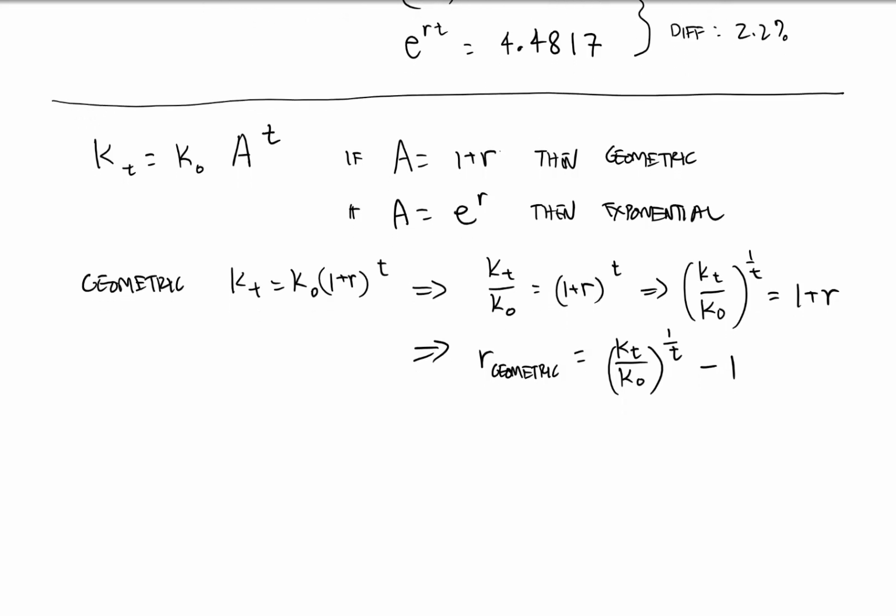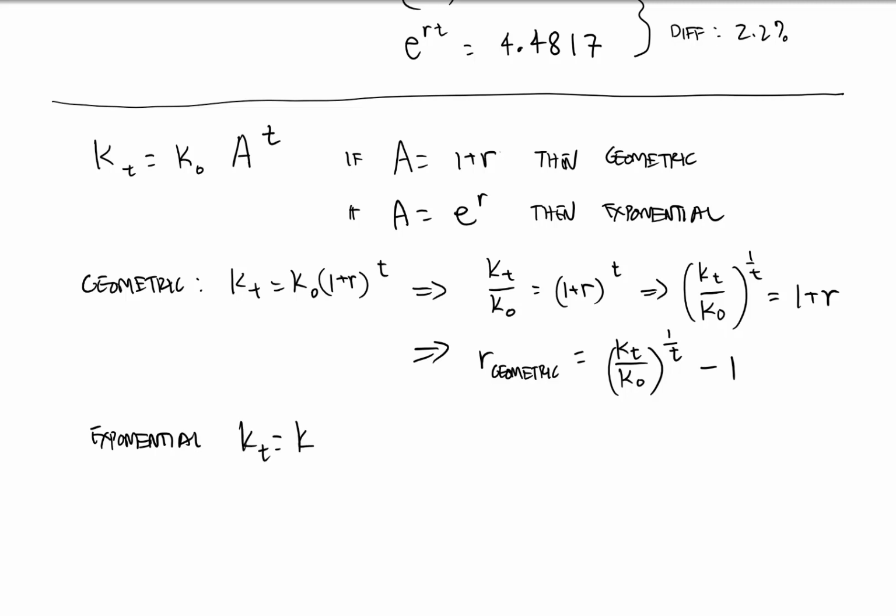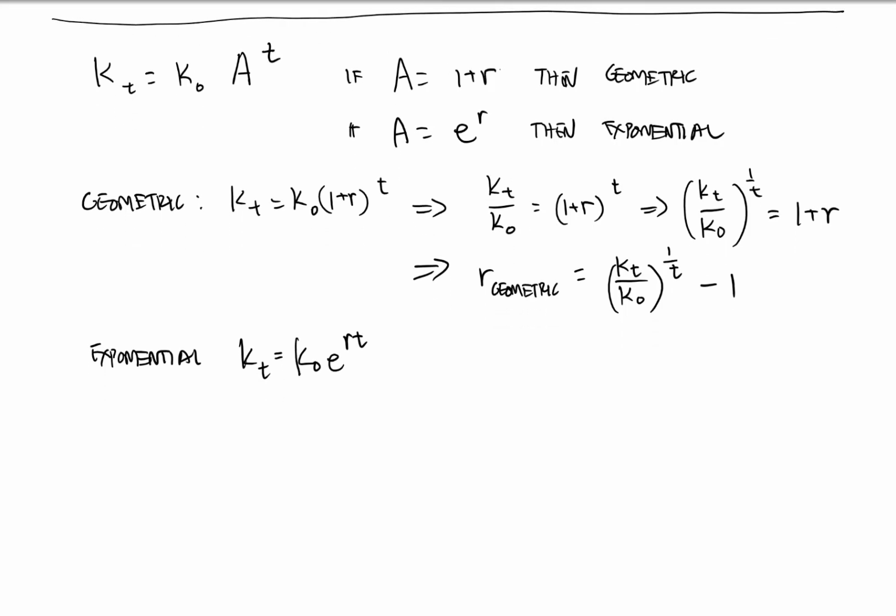Let's do the same thing for the exponential model. We have, in that case, k_t equals k_0 e to the rt. We'll do the same thing that we did before. We'll say that the ratio of k_t to k_0 equals e to the rt.